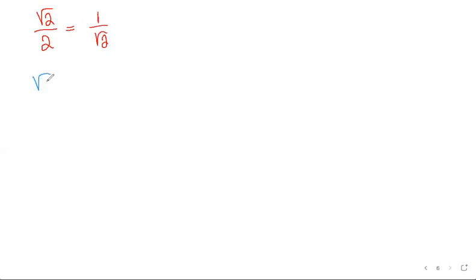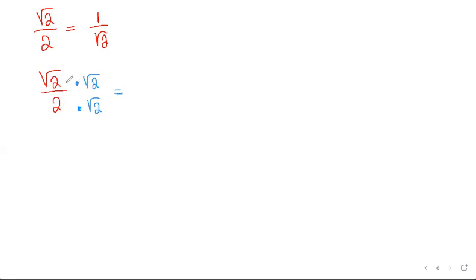Because square root of 2 over 2, by multiplying both sides by square root of 2, when I multiply the numerator and denominator by the same quantity, we don't change the fraction.